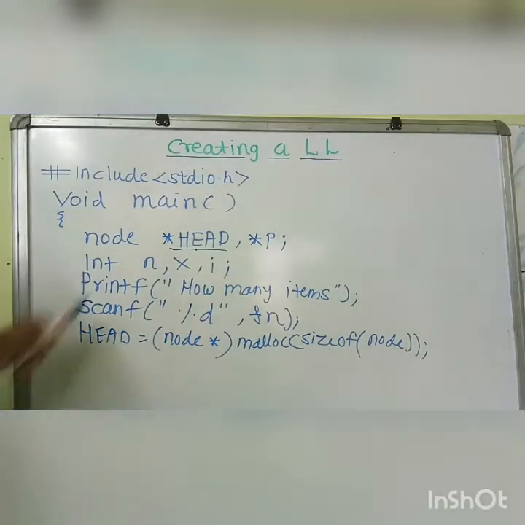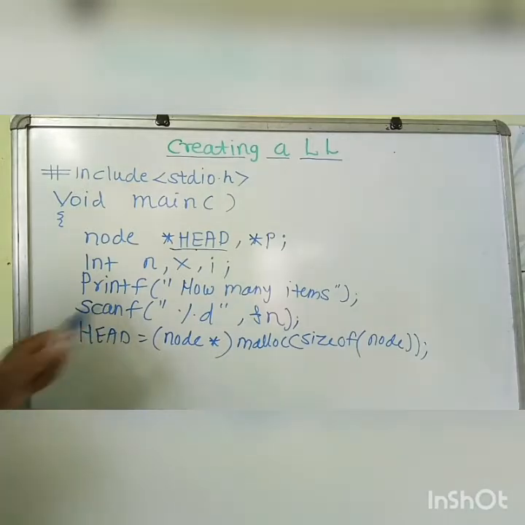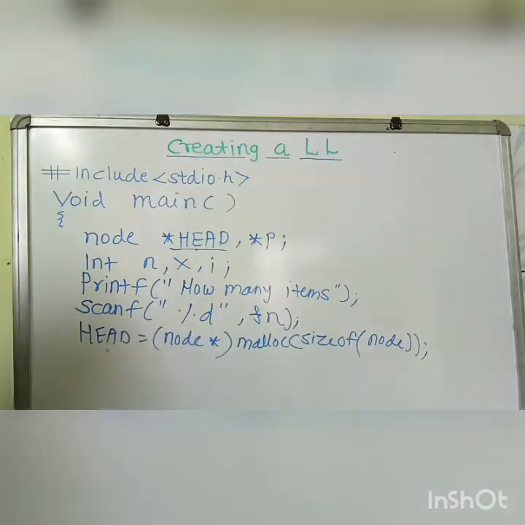For example, if we take p as a next node, we also have to acquire memory for it. So it will be like p equals node star malloc sizeof node. For each and every node we have to acquire the memory.